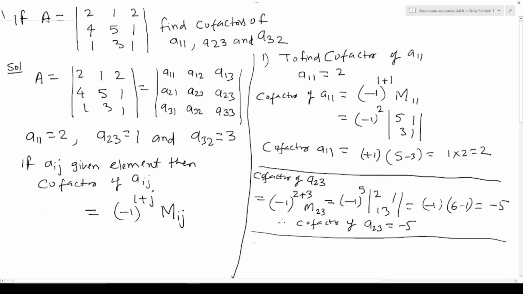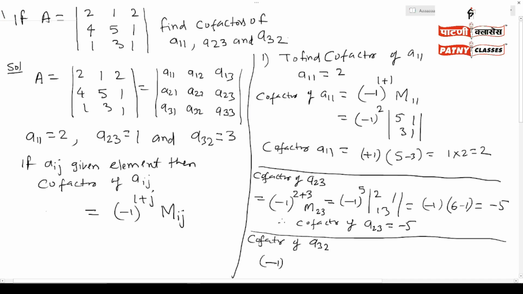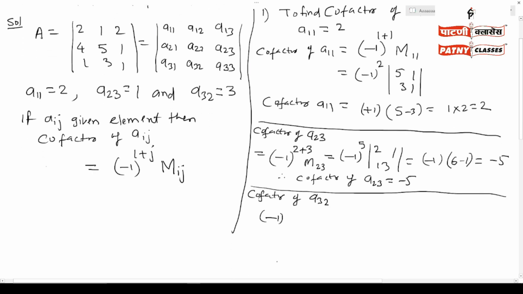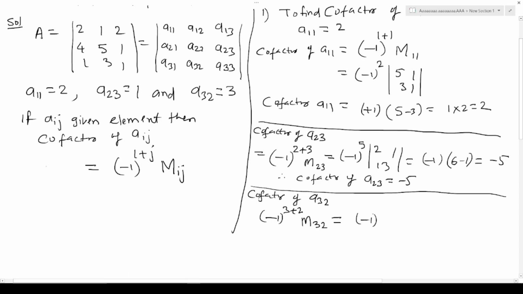Now the cofactor of A32. Again the idea is the same, minus 1 raised to 3 plus 2 and the minor of 32 equals minus 1 raised to 5 and the minor of 32.